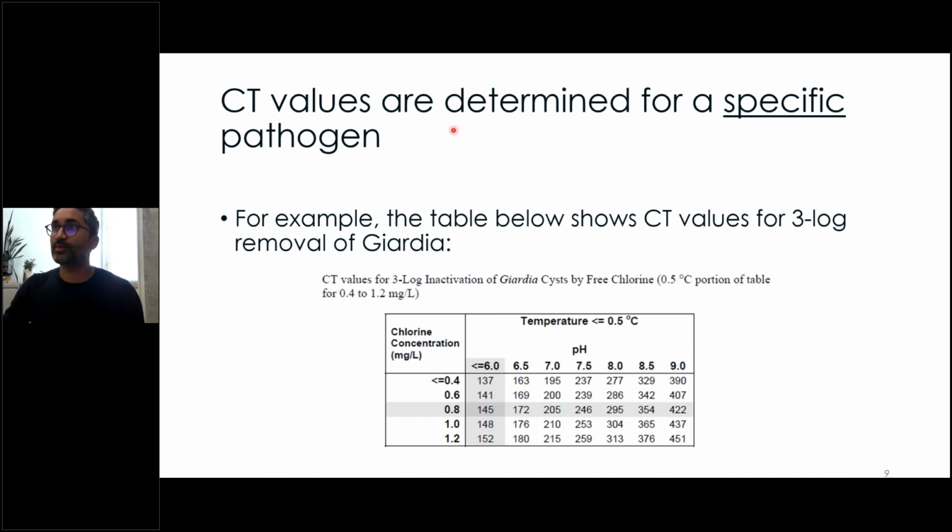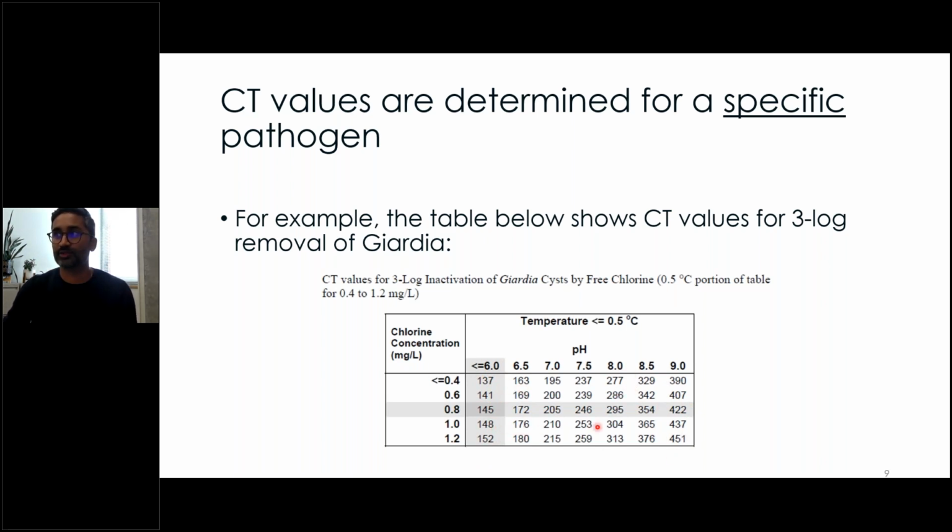Okay, so like I was saying, CT values are determined for a specific pathogen. If you look in the drinking water guidelines document, you might see tables that look like this. This one, for example, is showing CT values for 3-log removal of Giardia. In this case for chlorine, you have different chlorine concentrations, and all these numbers between 137 and 451 correspond to CT values.